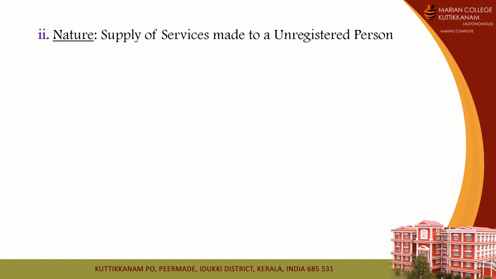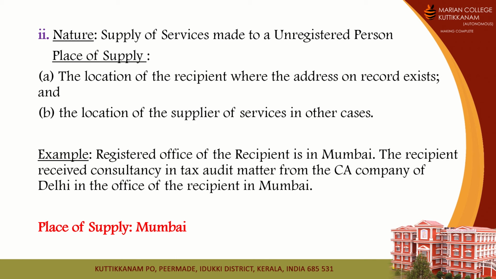Then let's see the second situation, which deals with the supply of services made to an unregistered person. The first situation was regarding a registered person, and the second situation is in case of an unregistered person. The place of supply will be the location of the recipient where the address on record exists.